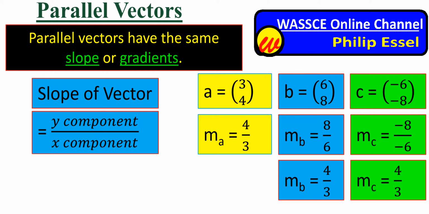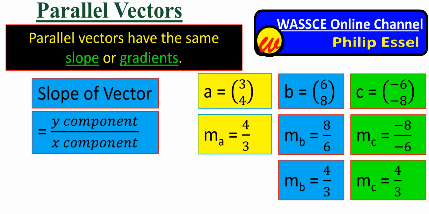Now, what can you say about the slope or the gradient of these three vectors? It's obvious these three vectors have the same gradient or slope. We have already learned that parallel vectors have the same slope or gradient.